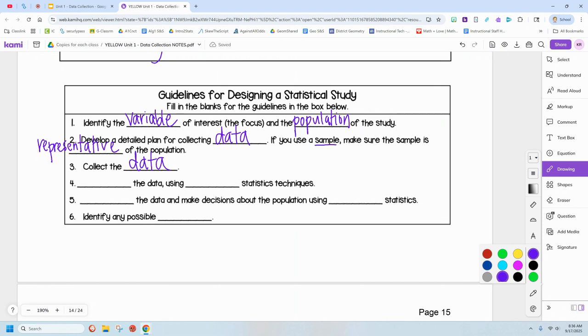And that's kind of the end of this unit, is like we've collected the data. We did with our pumpkin thing, we then started to analyze that data. So we described the data using descriptive statistic techniques. So let's think about what those were that we just did.